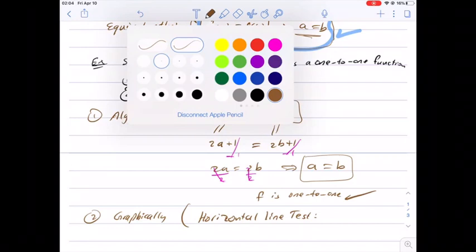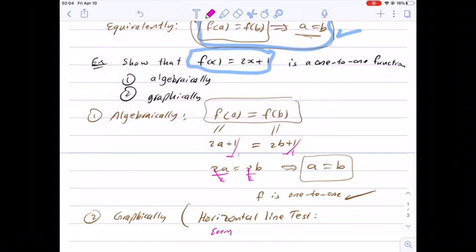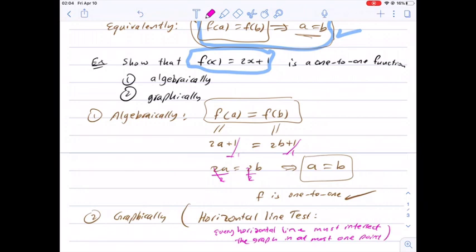The horizontal line test says that every horizontal line must intersect the graph in at most one point.